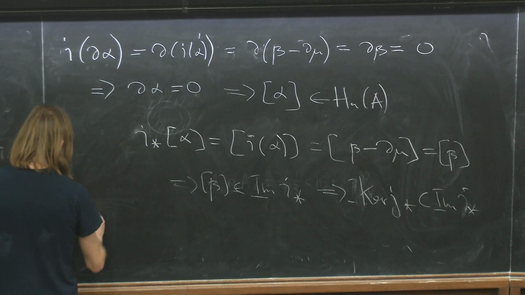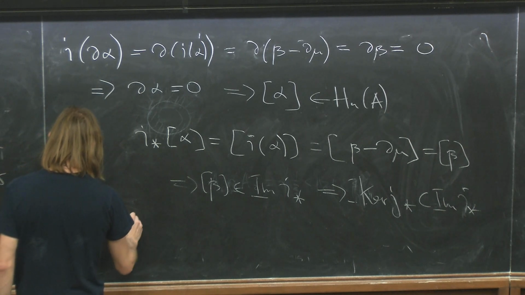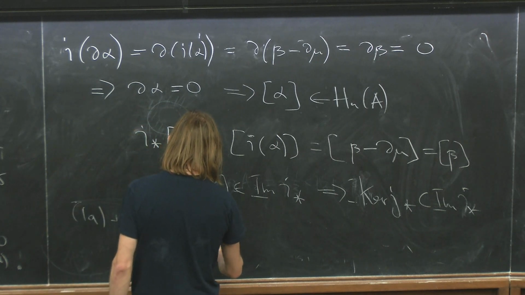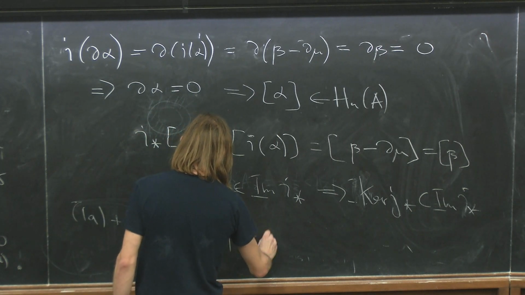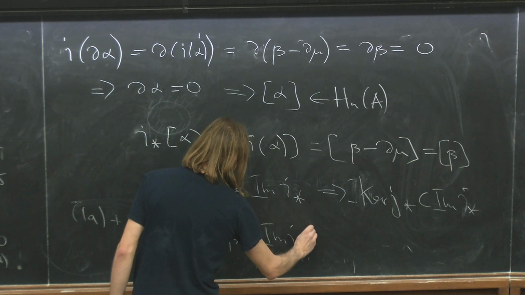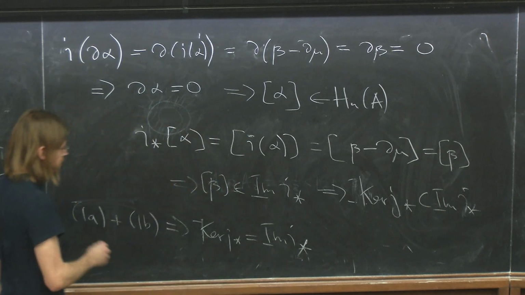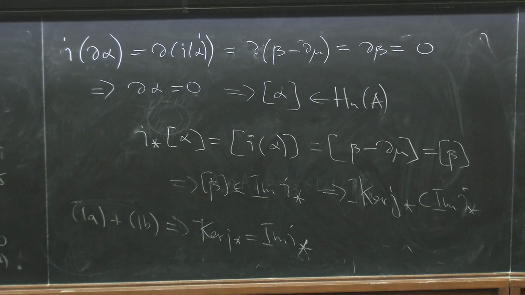Combining this 1a and 1b we show that indeed the kernel of J star is equal to the image of I star. So this shows exactness at this place.